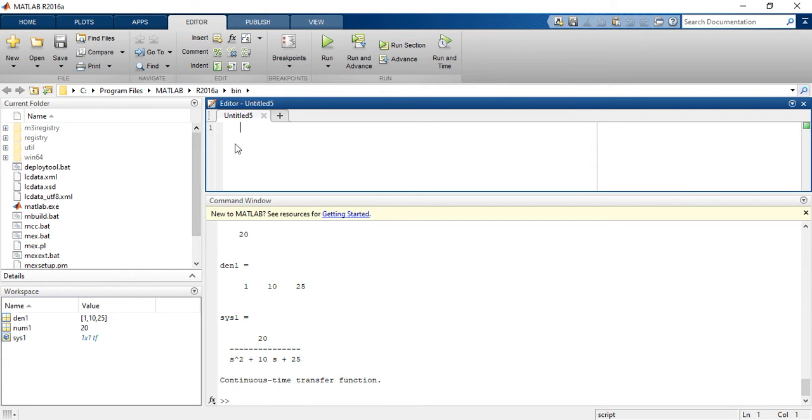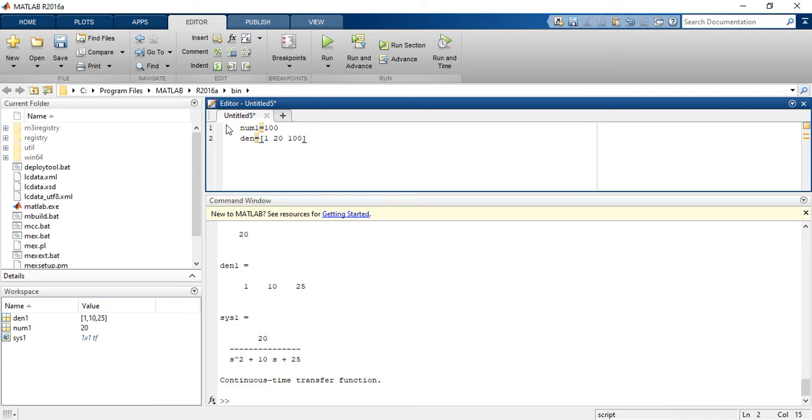So I will go for a new script. In this new script I will assign a numerator, let us say 100, and the denominator I will take as an array in terms of 1, 20 and 100.